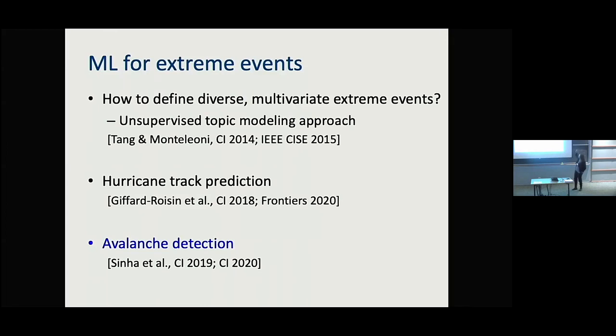I think maybe the most interesting or unorthodox idea here was the first bullet, where we did topic modeling from text mining to, in an unsupervised way, detect diverse multivariate extreme events from multivariate data in a very soft and probabilistic way.